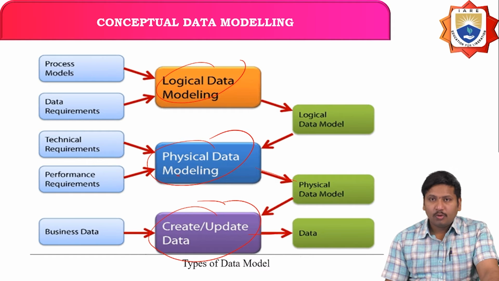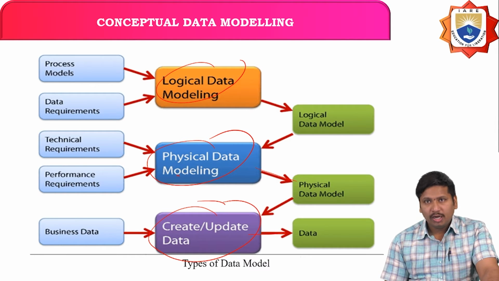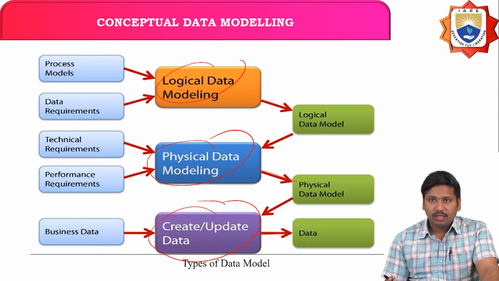So in logical modeling, what type of process models we have should be modeled into logical data, and the data requirements would also be converted to logical data. And the business, technical and performance requirements should all be converted to physical data modeling.